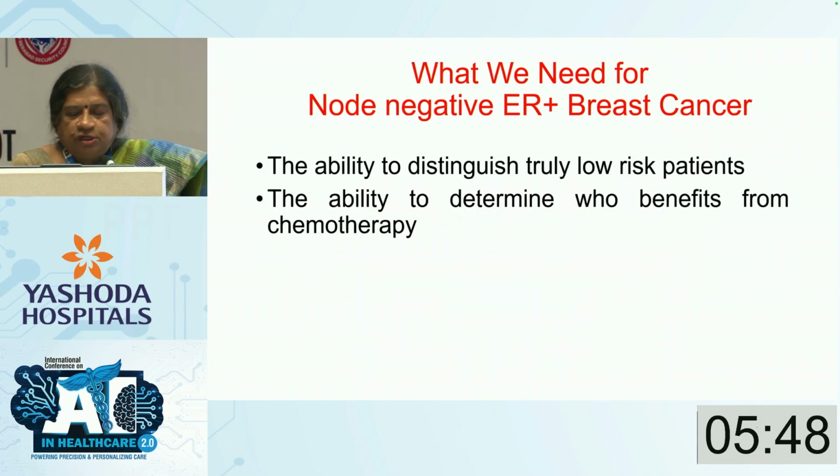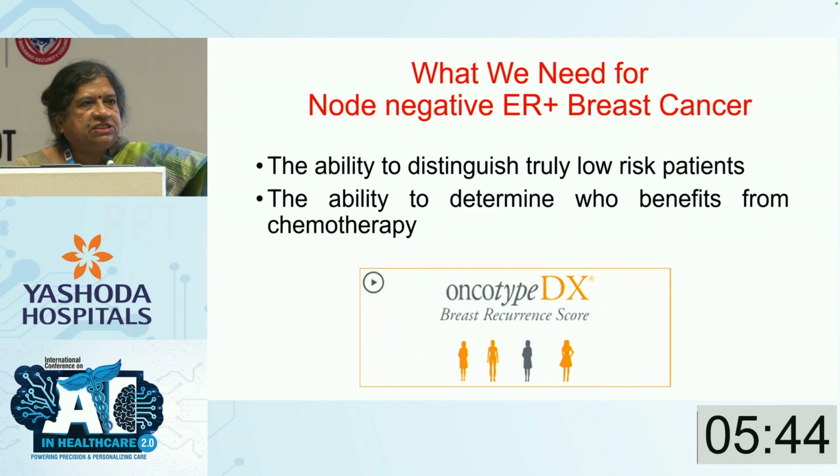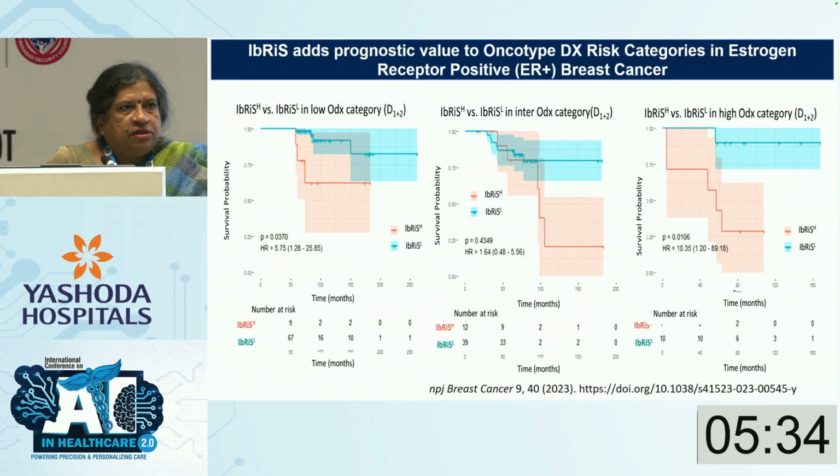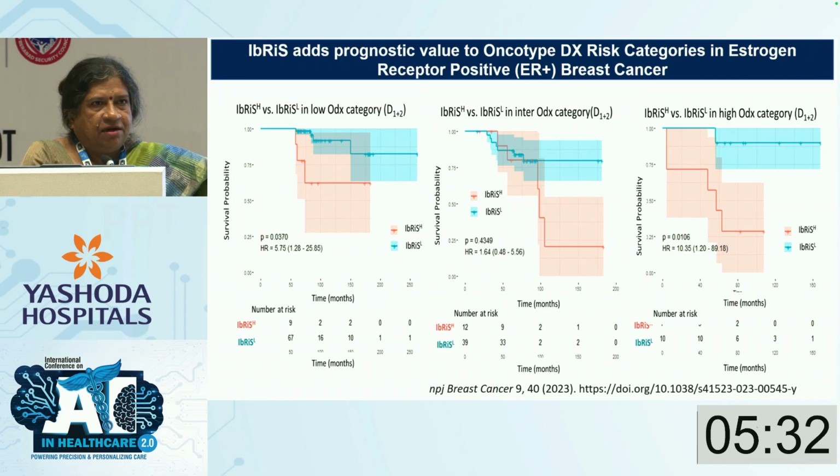So what we do is run a very expensive molecular test, which is the Oncotype DX test, and the cost of this particular test is equivalent to one chemotherapy cycle. So we can run the slide under a whole slide imaging system and get some answer from that.